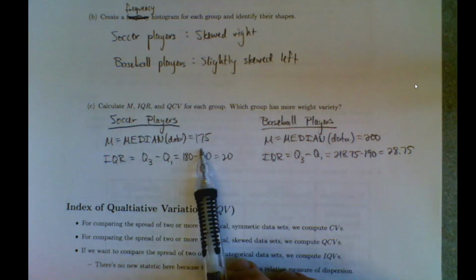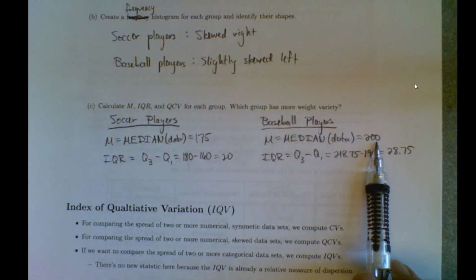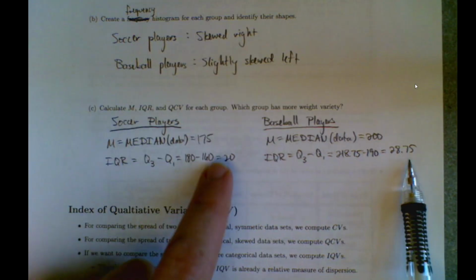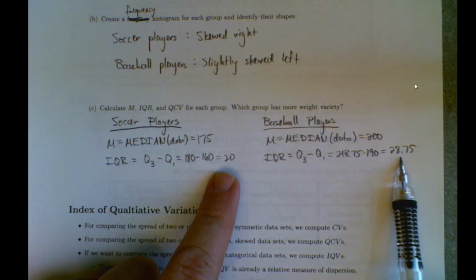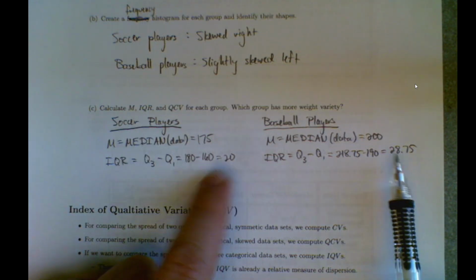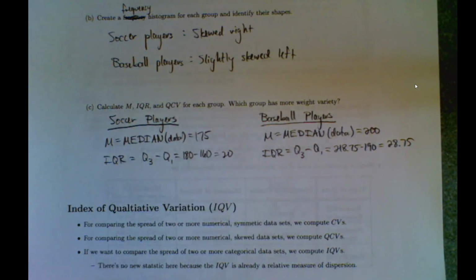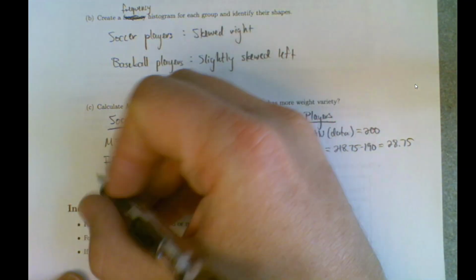So right off the bat, you can see that baseball players weigh a little bit more than soccer players do on average. And in absolute terms, the baseball players have more weight variety than the soccer players do, okay, because their IQR is larger. But let's look at their QCVs, okay?